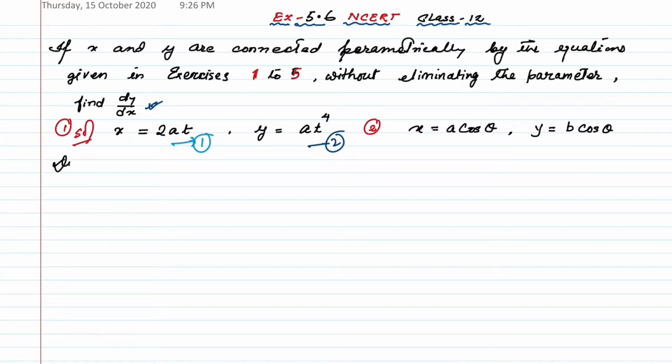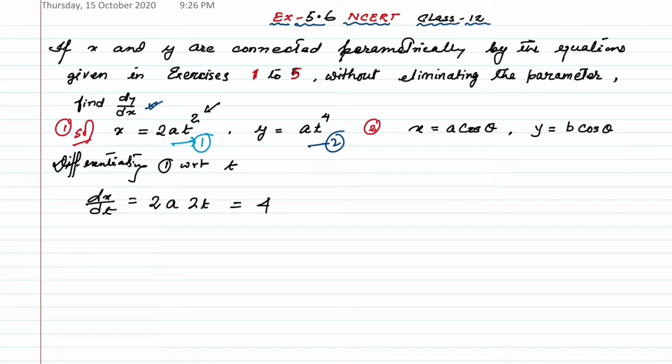Differentiating 1 with respect to t, you will get dx by dt is equal to twice, sorry, there should be a square. I think I have written the question wrong. Here it should be 2. Okay, so then derivative of t square is twice t, so that gives 4t.